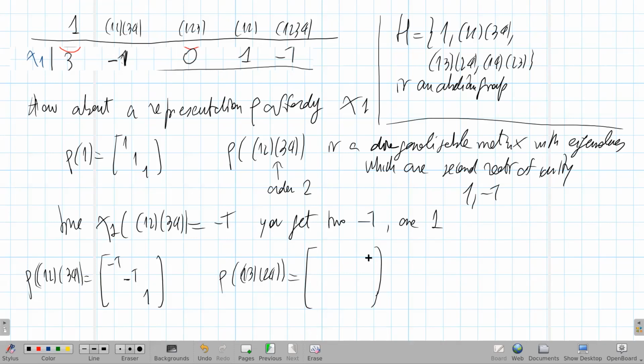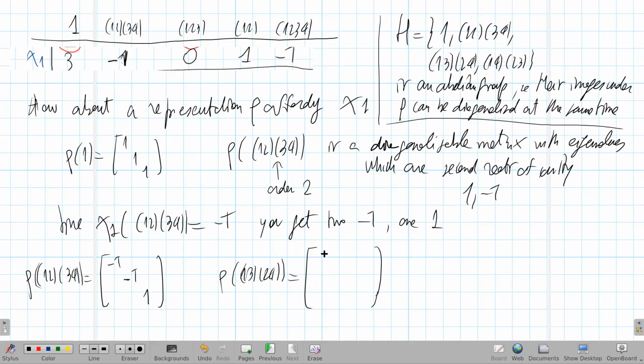So there is a basis with respect to which all three of them are diagonal. And since the character has value minus 1, you need to have two minus 1s and a 1.